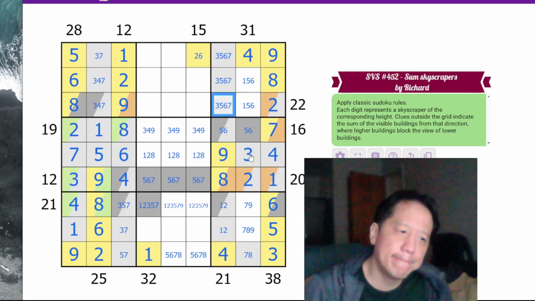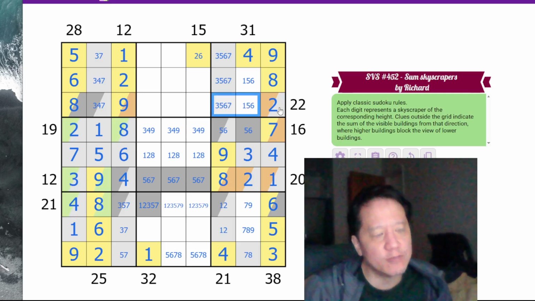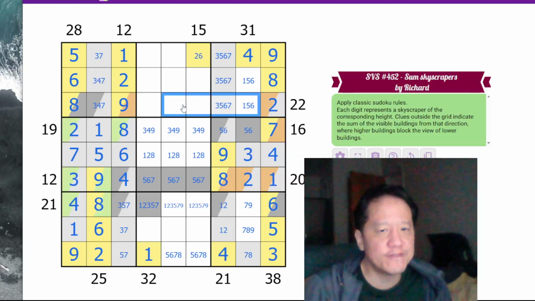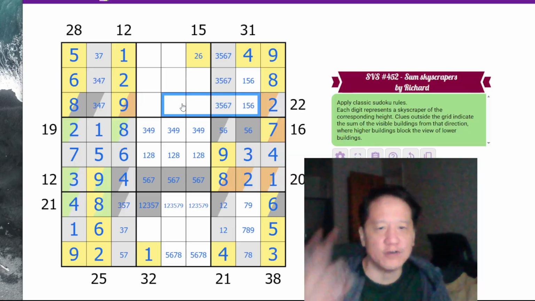So, I think this has to be 5 and 6, right? Because, again, they must add up to 11. It will not see the 1. 3, 4, and 5 adds up to 12, so that doesn't work.